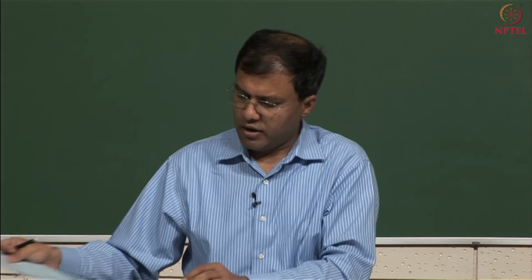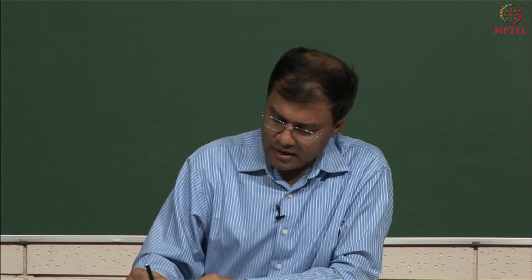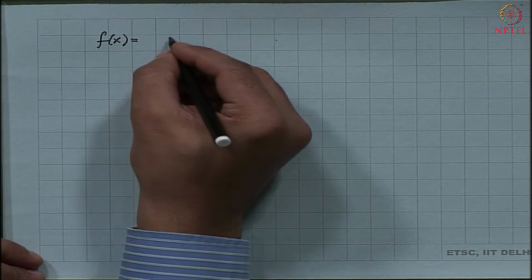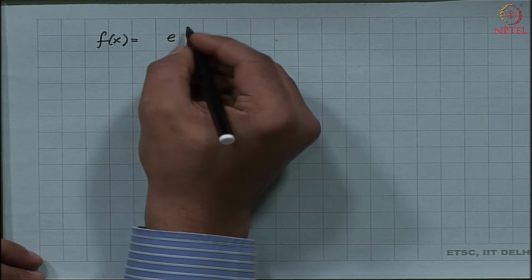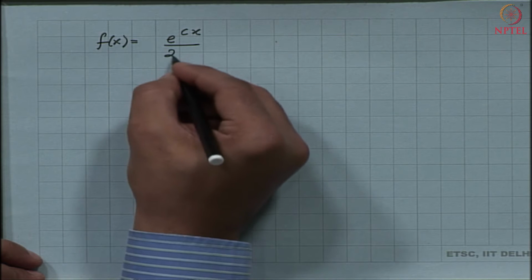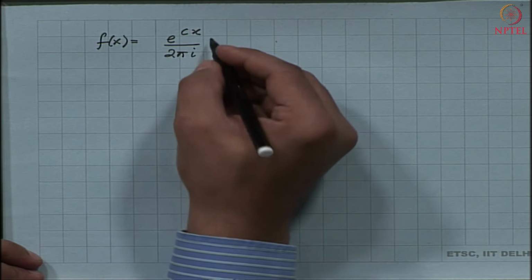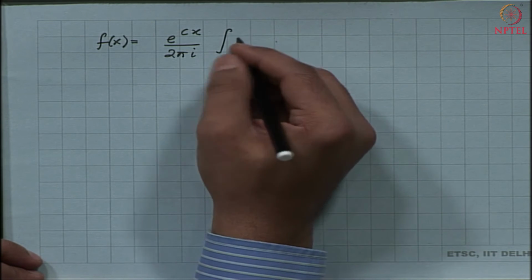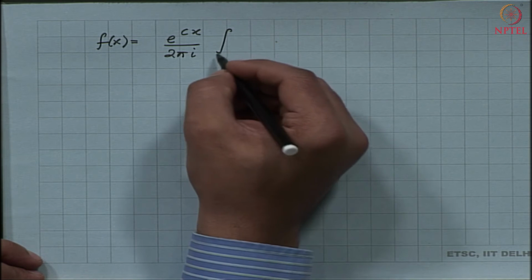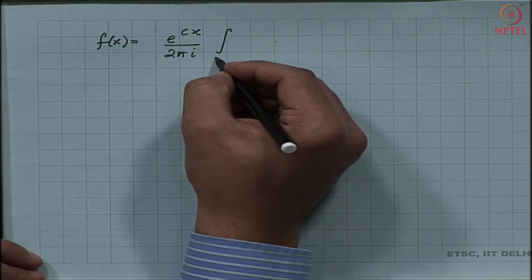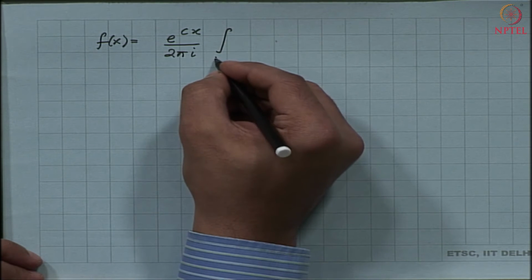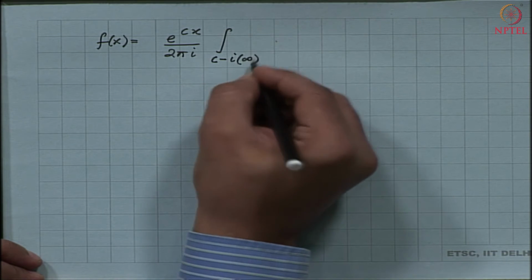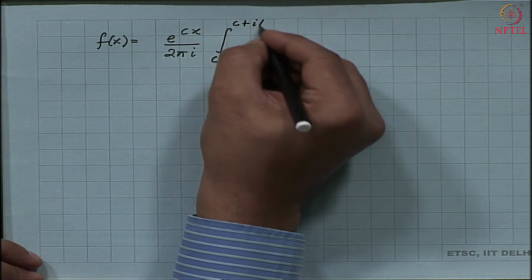So, I get the following new expression: f of x equals e to the power c x by 2 pi i, integral. Notice that in the old variable k went from negative infinity to infinity, while in the new variable s goes from c minus i times infinity to c plus i times infinity.